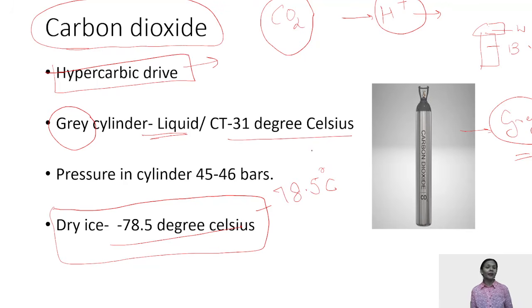Can't help that. So the critical temperature of CO2 is 31 degrees Celsius, the pressure of CO2 in the cylinders is around 45 to 46 bars, and dry ice is formed at minus 78.5 degrees Celsius.